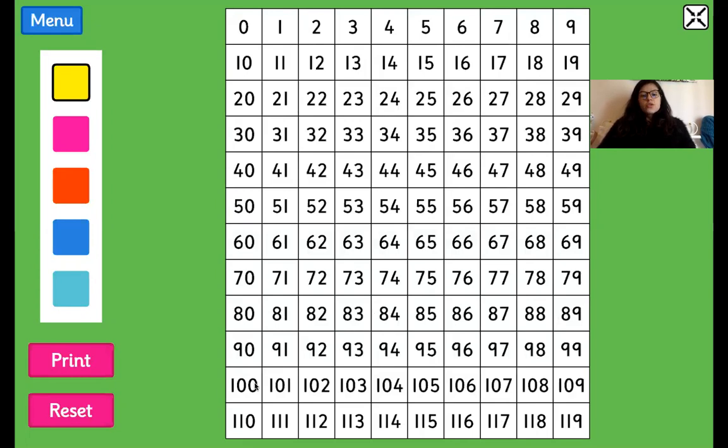Okay, so let's find out where we should start counting today. I'll fly my cursor above the numbers and zzz, like a little fly. Okay, we'll start at 73 today. And we're going to go all the way to the end of this 119 square. Are you ready?